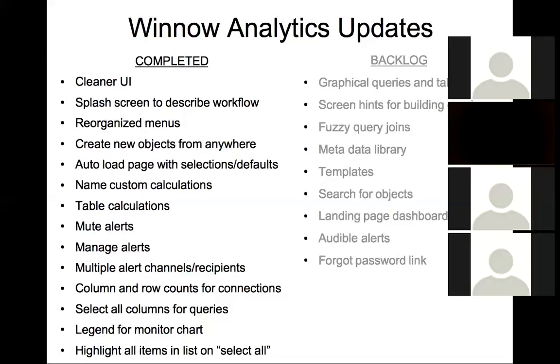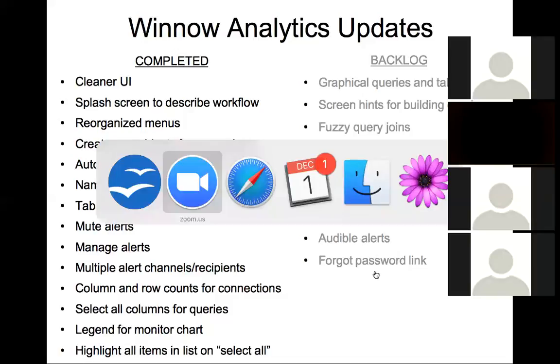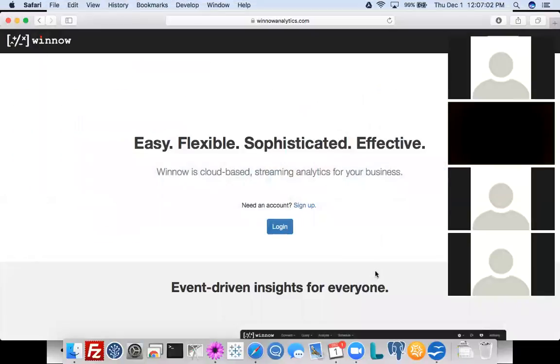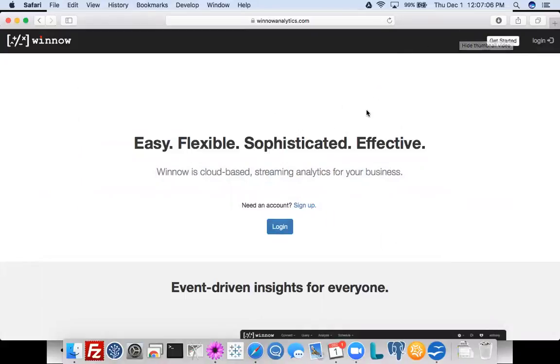So from here, I'm going to jump into the browser so I can start to show some of the changes that were made. So this is the new landing, or I guess homepage. I was able to use some CSS libraries that exist to make it a little cleaner, a little more professional.